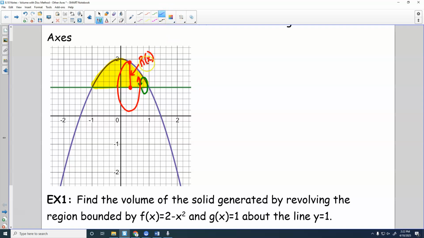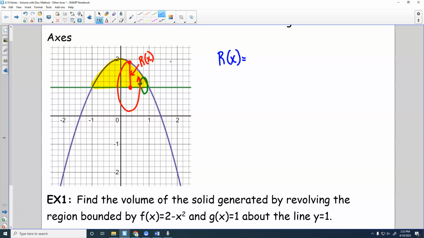I am using capital R of x because we haven't gotten there yet, but we're going to learn how to do problems that have holes in the middle of them. We've not done anything like that yet, and we're going to need a lowercase r of x later, so that's why I keep using that capital R. So my capital R of x, I need to write an equation for that radius.